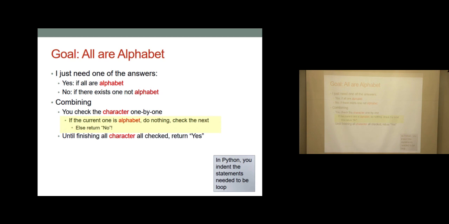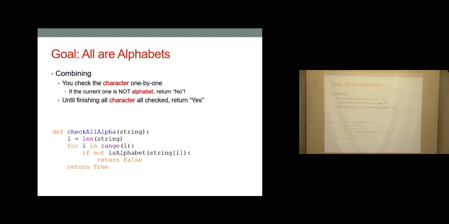After this, what I usually do is I can directly translate it into Python code. So this is the Python code. You can see it's almost a one-to-one correspondence. First, you check the characters one by one. You know the length of the string, and you can access the string at different i.